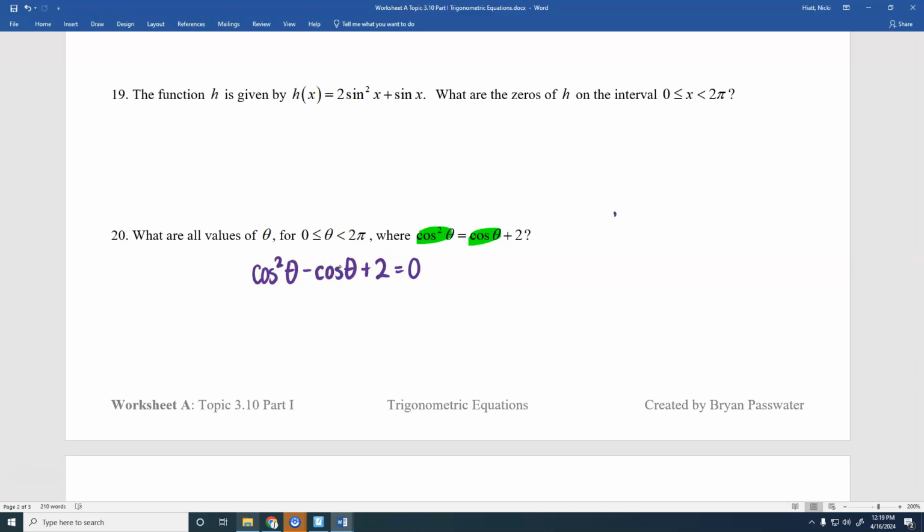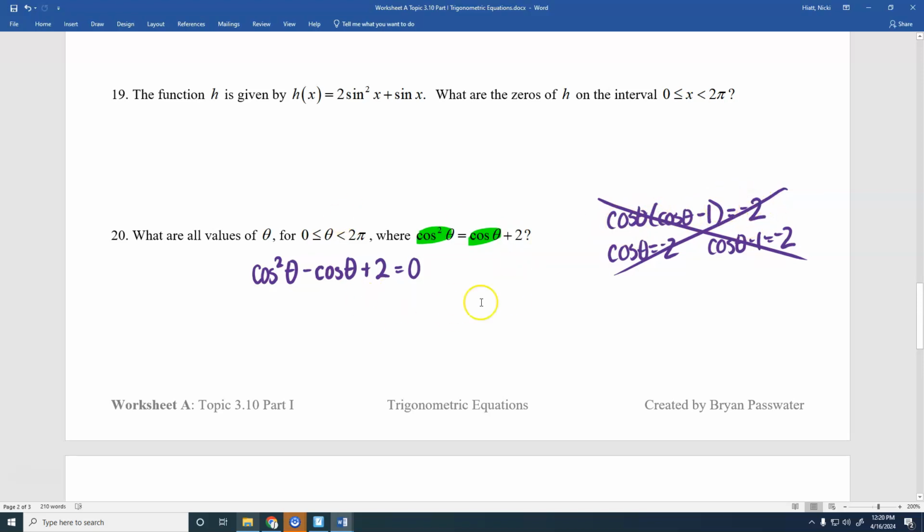Like, if I have cosine of theta times cosine of theta minus 1 equals negative 2, I cannot say cosine of theta equals negative 2 and cosine of theta minus 1 equals negative 2. That would be wrong. Because what you're using is the 0 product property, which tells me if I take 0 and multiply it by any other number, I still get 0, right? So the only time this works to break it up is if it's 0. So I cannot move the 2 over and factor the way I've been factoring.